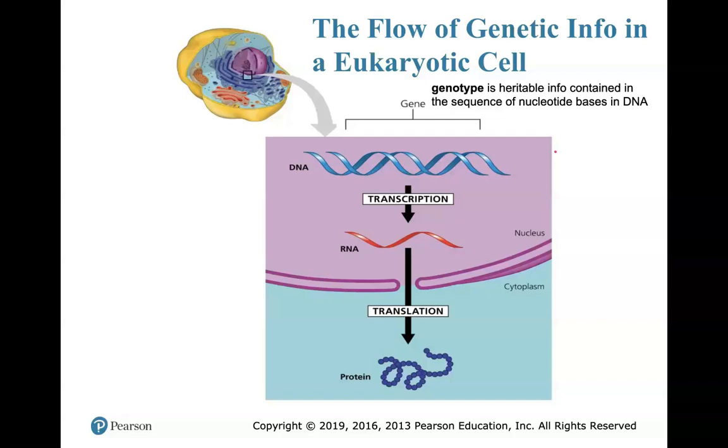So going back, we talked about inheritance. We have DNA. There's my double helix, double-stranded. A certain segment of the DNA, a certain part, not all of it, in fact very few parts of your DNA, is going to code for a gene. Genotype, we discussed, is the heritable info contained in that sequence of nucleotide bases in DNA.